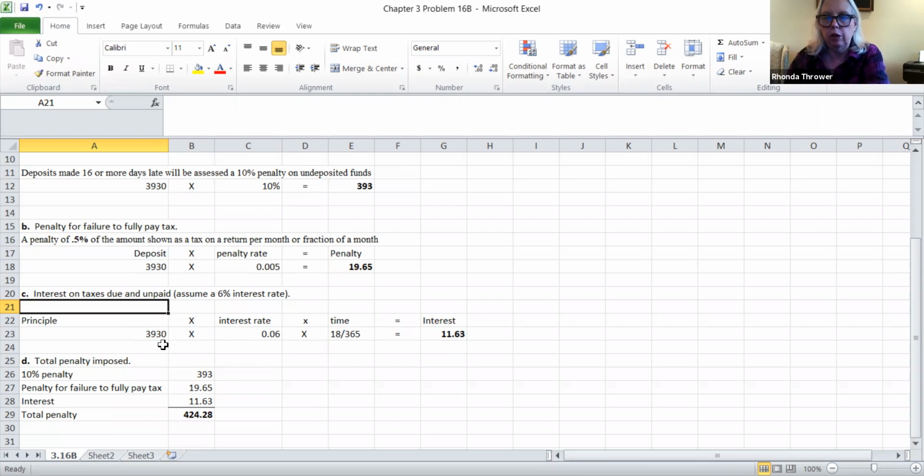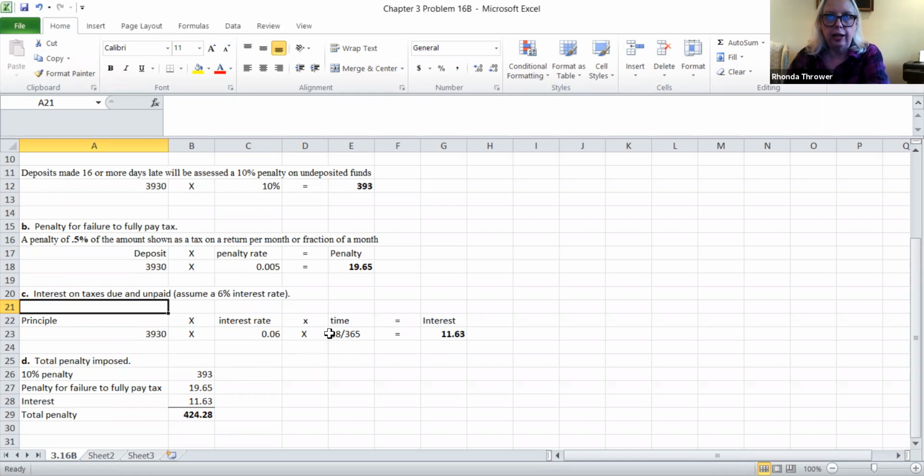It should have been $3,930, and it should have been made on July the 15th. The interest rate was 6%, so I converted it to a decimal. You're going to multiply the deposit times the interest rate and times the time.